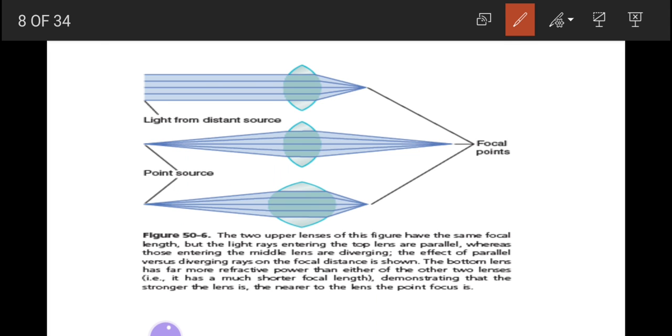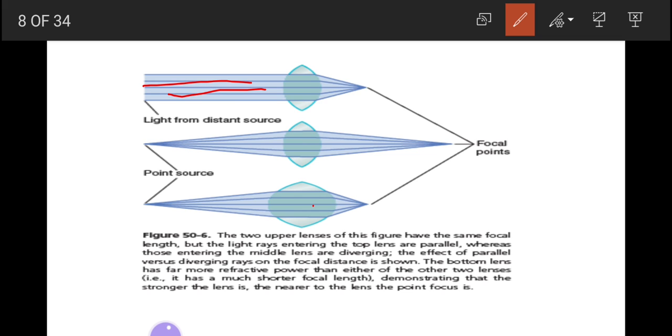Here the upper two lenses of the figure have the same focal length. The difference between the two lenses is shown here. In one, parallel rays are coming, whereas those entering the middle lens are diverged. The effect of parallel rays versus diverging rays on the focal distance is shown.